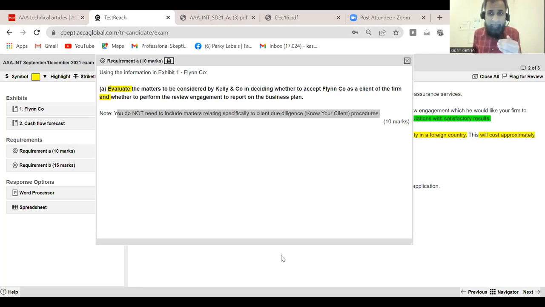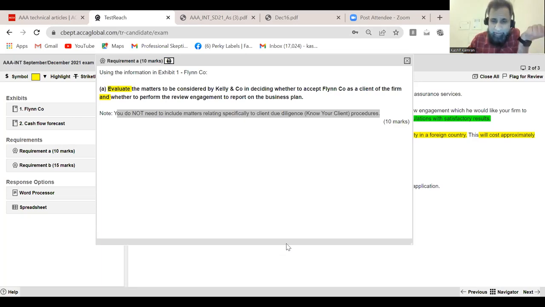So can there be any other aspect in the question which questions the integrity of the management? Yes. So if there is anything specific in the case which is questioning the integrity of the company, we will develop the point, because we are not developing the point on money laundering, but we can develop the point on any other area given in the case study. I hope you're all clear on that.